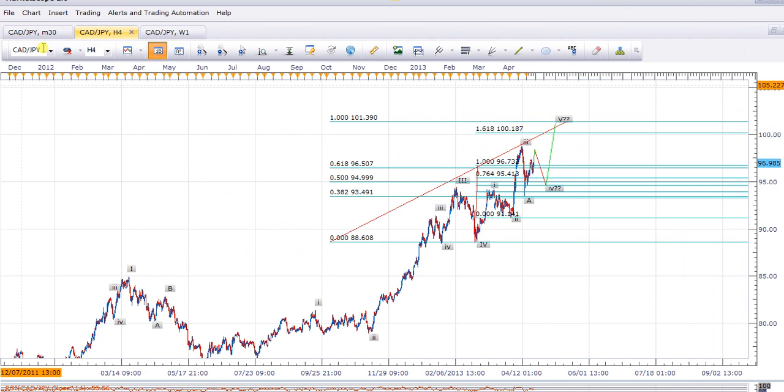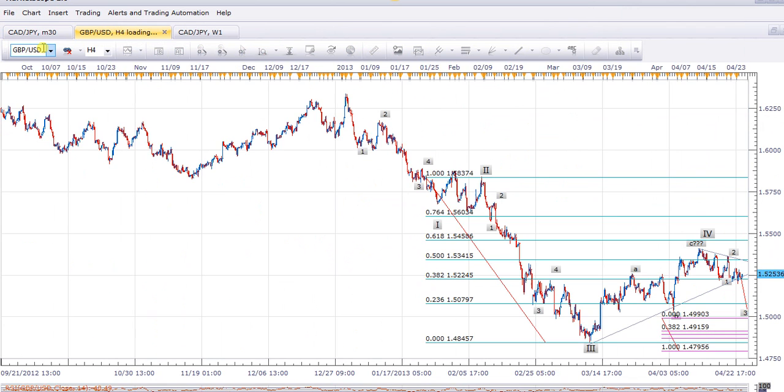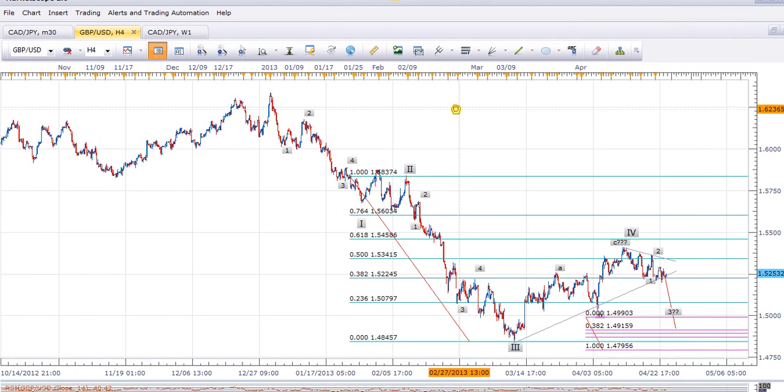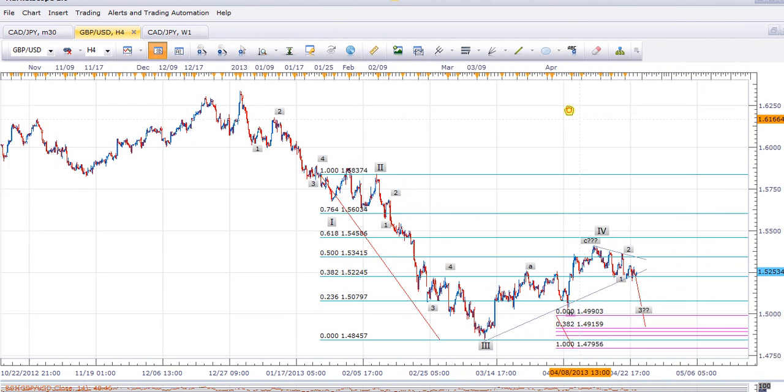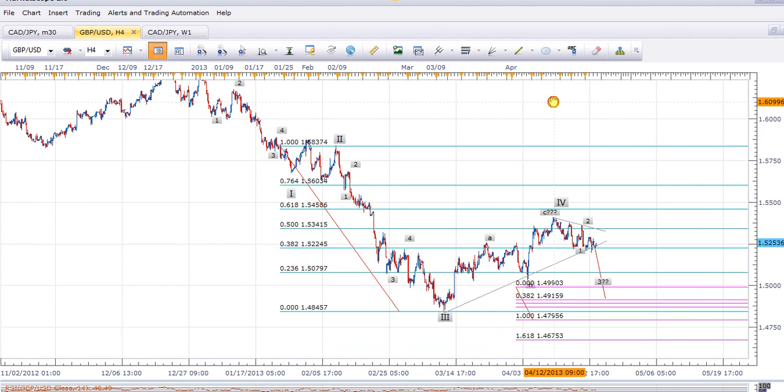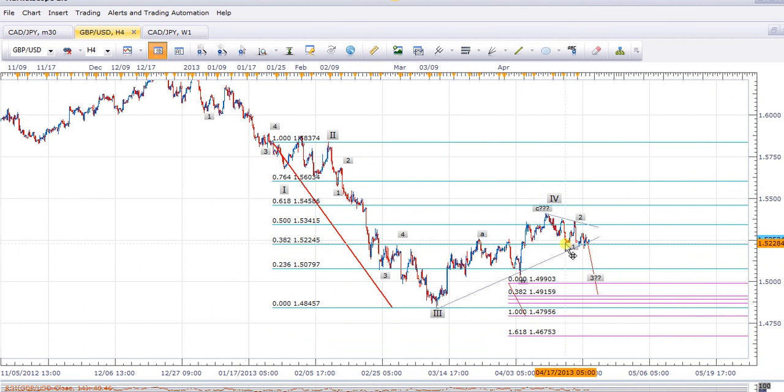Now switching gears to the pound dollar. We see that we are still working on that wave 5. So we had wave 1 within 5 completed, and now we're working on that wave 3.